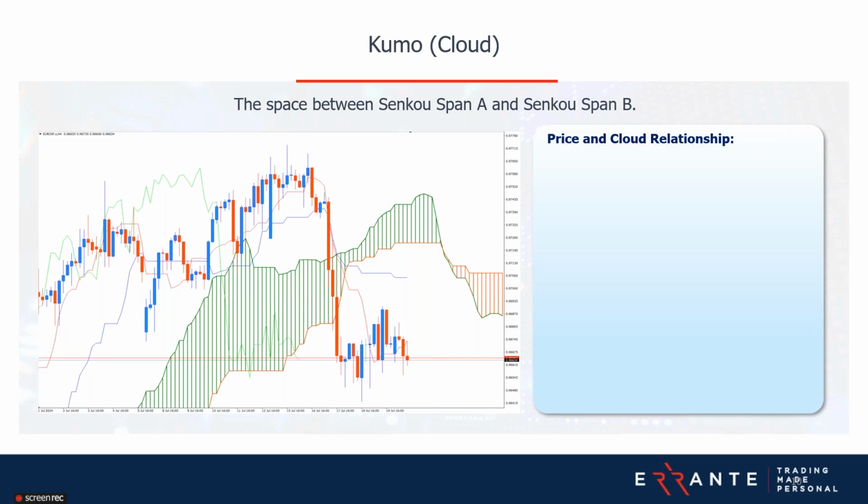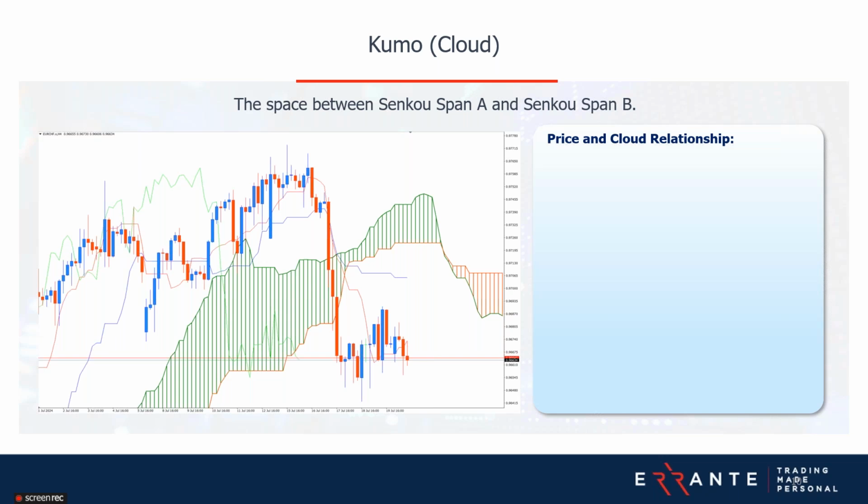And now let's move our attention to this part. It's a very unique and, let's say, specific component of Ichimoku Kinko Hyo that most of the other technical tools usually don't have, which is the Kumo. The Kumo or Ichimoku cloud is the space between Senkou Span A and Senkou Span B, and this cloud enables us to quickly identify trend, support and resistance levels, and also the market direction.